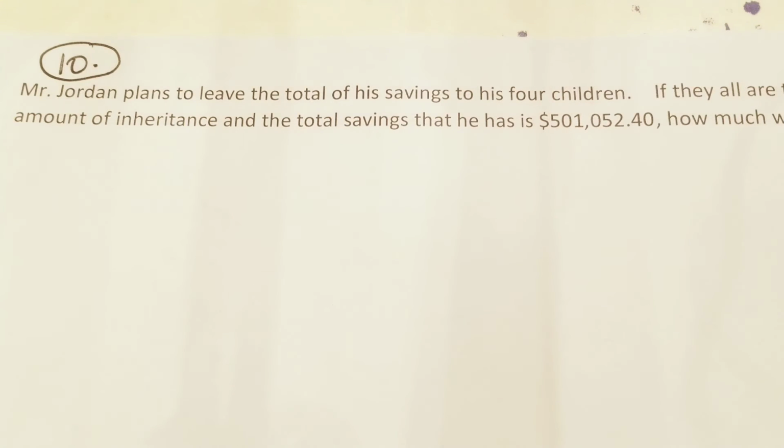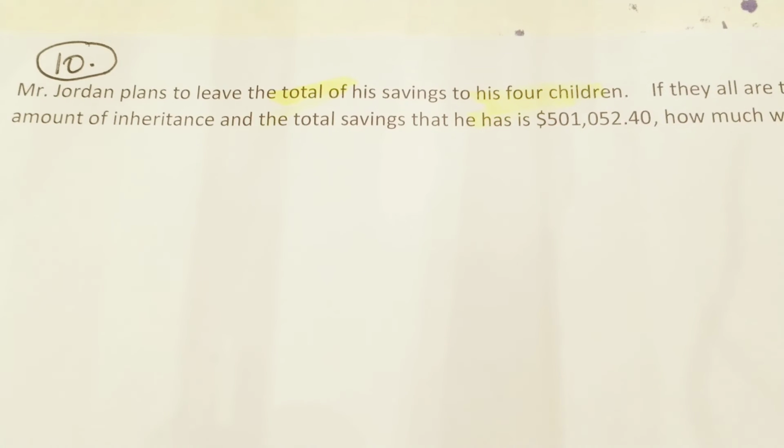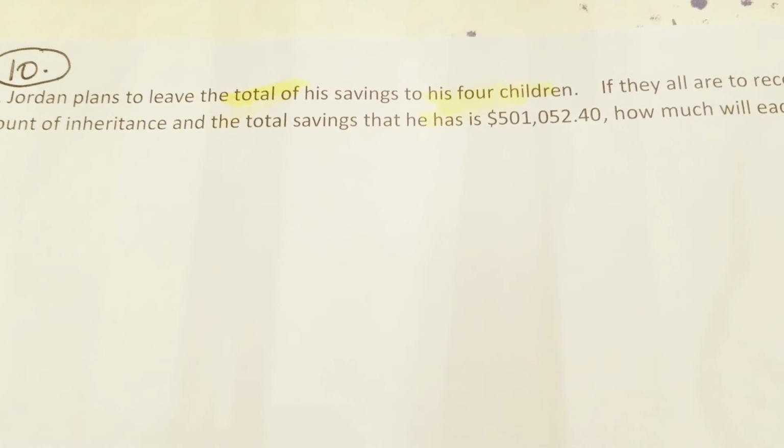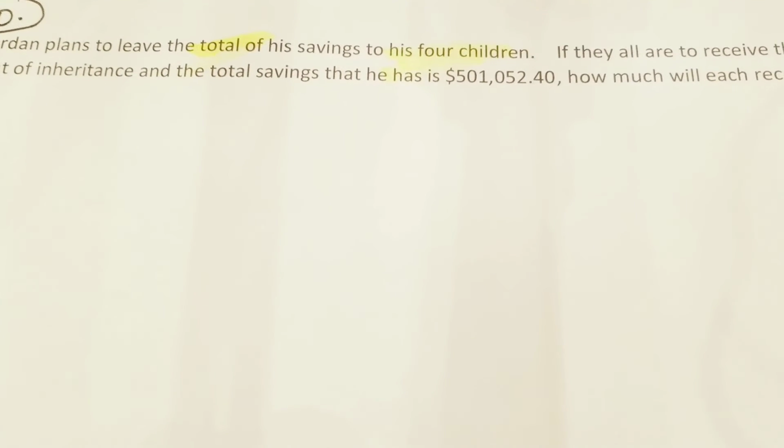Number 10. Mr. Jordan, Michael Jordan, just kidding, plans to leave the total of his savings to his 4 children. So there's the total, there's a number 4. Long word problem.